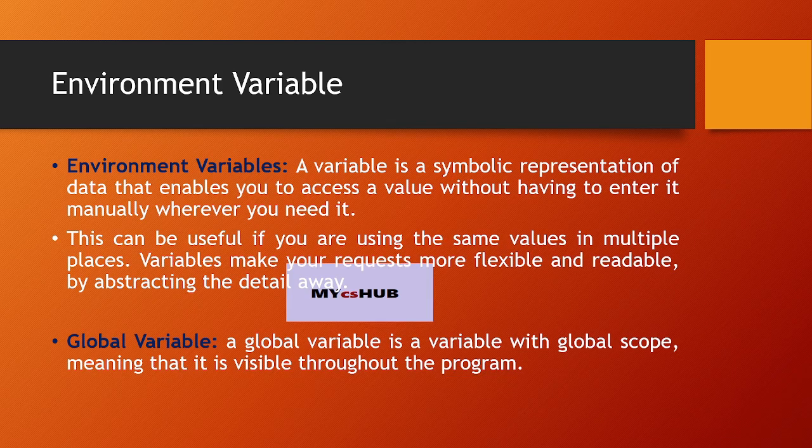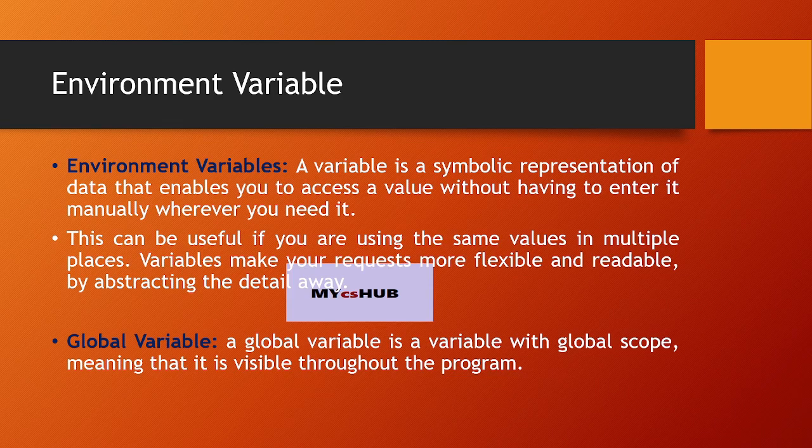We have one section in Postman available for environment variables where you just need to put a key, like you can use the name as URL, and then as a value we have to pass the base URL, and then with the help of double curly braces, you can use those as a variable anywhere you want. So this is how an environment variable is used.